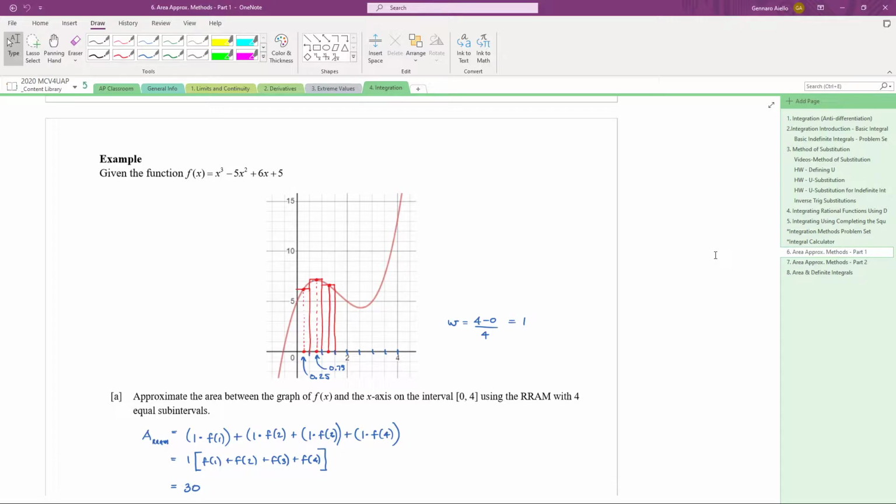A left rectangular approximation method, which uses the left height of each rectangle, so the top left corner of the rectangle lines up on the function. We talked about a right rectangular approximation where the top right hand corner of the rectangle lines up on the function, and we talked about midpoint.